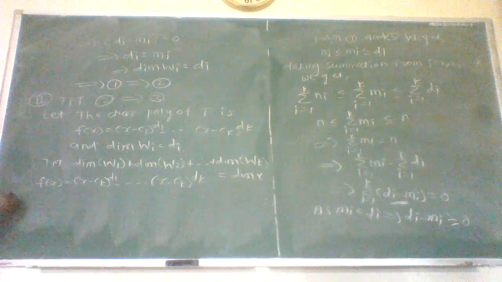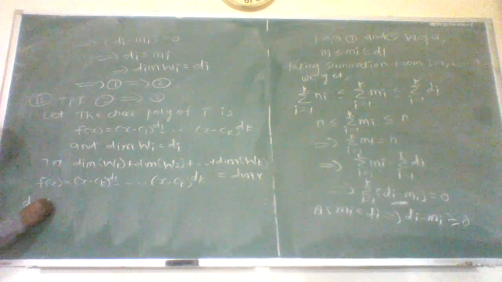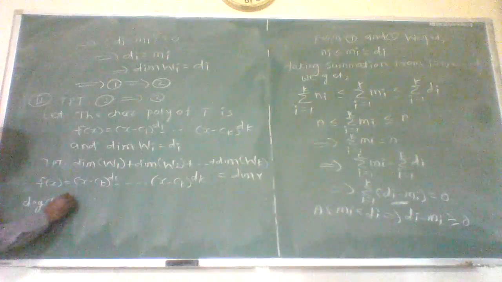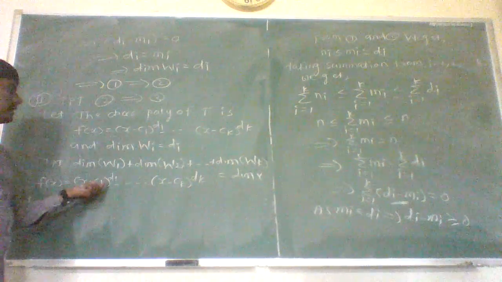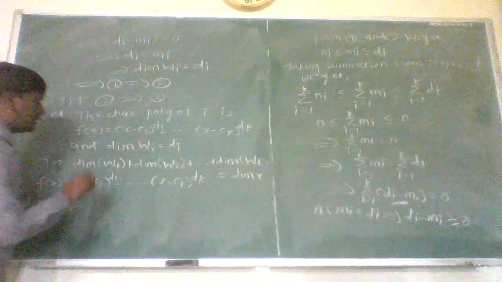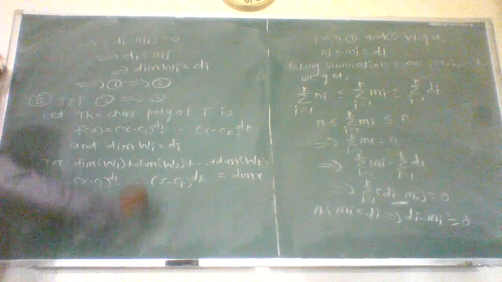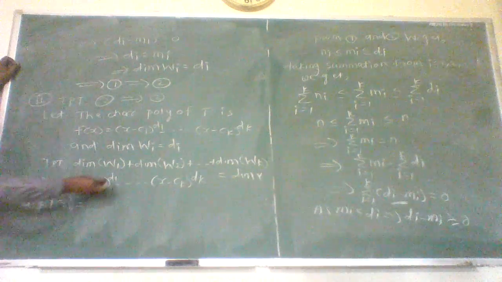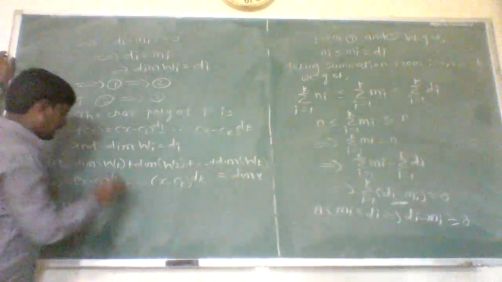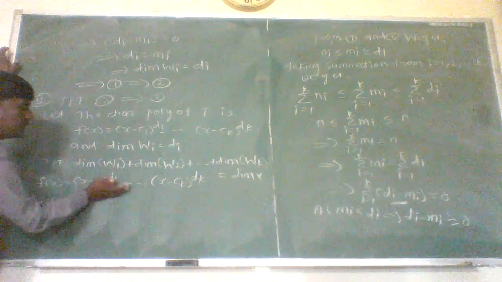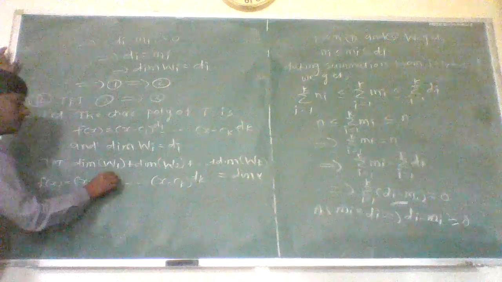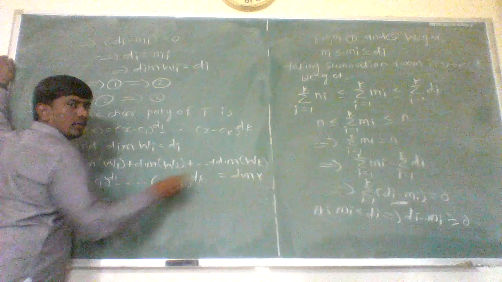Now the degree of f of x is as follows. Here each ci is repeated di times. Therefore, the degree of f of x is d1 plus d2 plus up to dk.